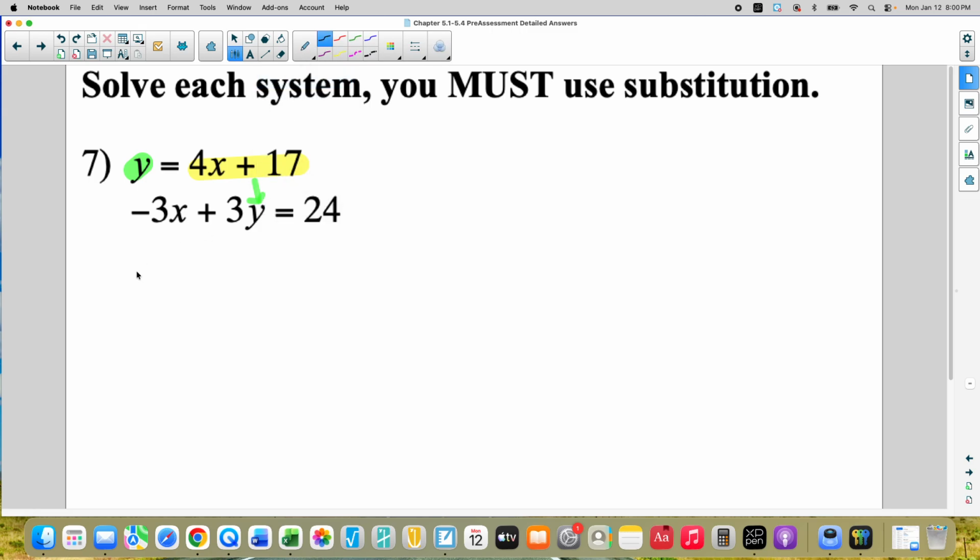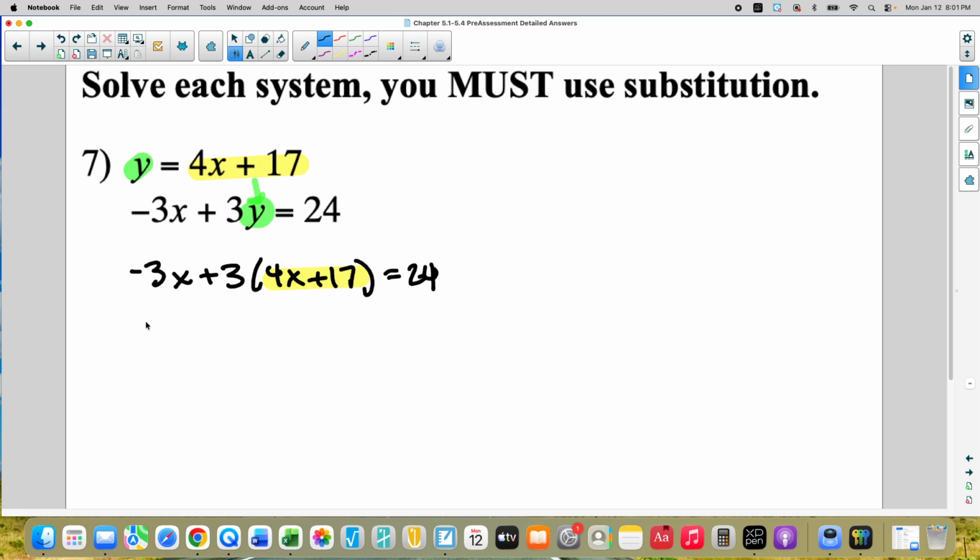So we're going to rewrite this equation, negative 3x plus 3, and instead of writing y, we're going to write 4x plus 17. So all we did was replace this equivalency. These are balanced. These are the same. When you say y, you really mean 4x plus 17. So instead of saying y, we say 4x plus 17, and then we will finish that bottom equation equals 24.